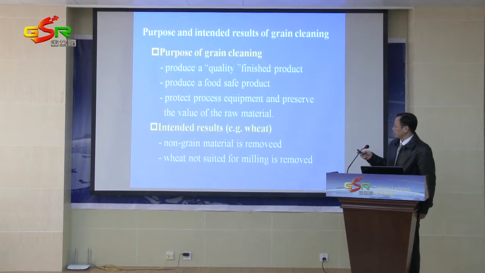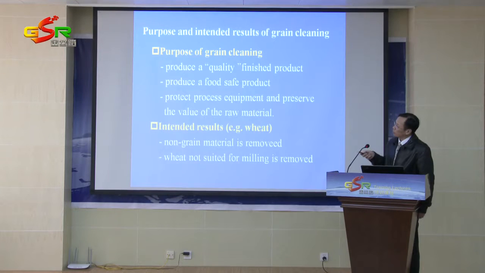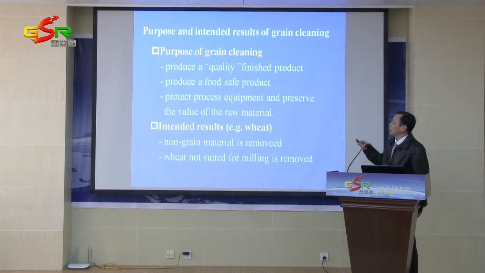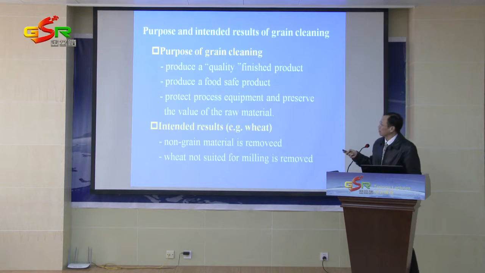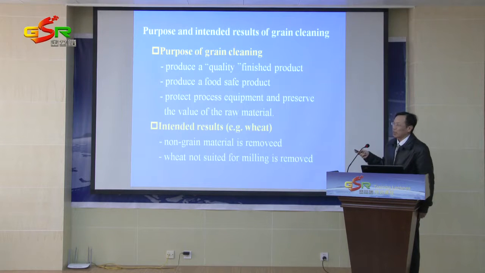Just because cleaning can be used to produce a quality finished product, produce a food safe product, and protect the processing equipment and preserve the value of the raw material. And the intended result of the cleaning is that no grain material is removed, and the wheat not suited for milling is removed.